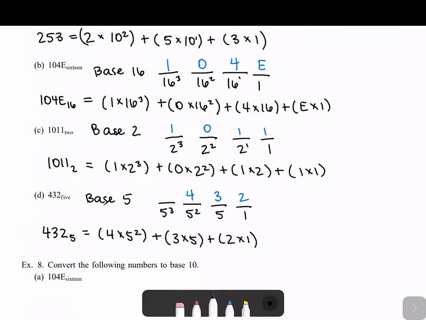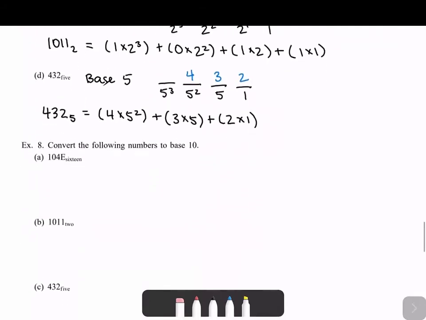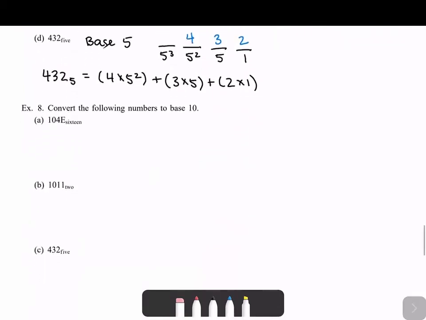And so once we know that, it's a pretty simple process to convert it to base 10. Converting things to base 10 is pretty simple because we have this expanded form and we just compute it. So let's go to the first example. So we have 104e base 16. Okay, so these are just going to mirror the examples that we did right above.